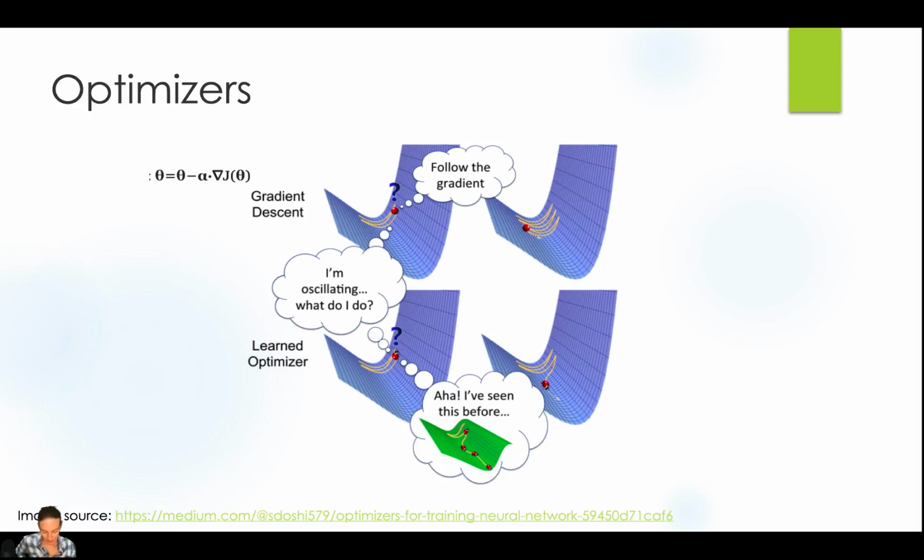Okay, so here's this drawing that I just made, illustrated a little bit better. So what happens if your learning rate is too big or if it's too small?